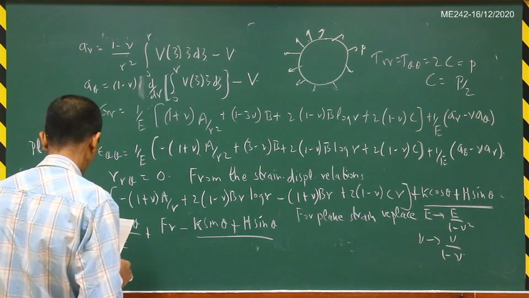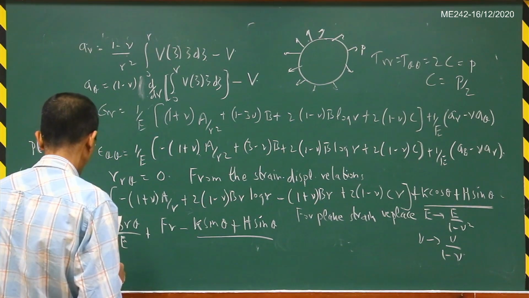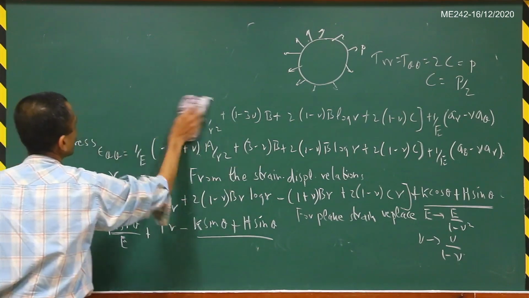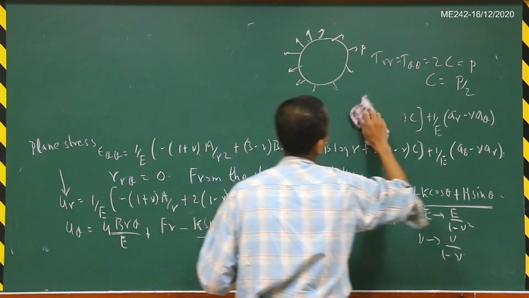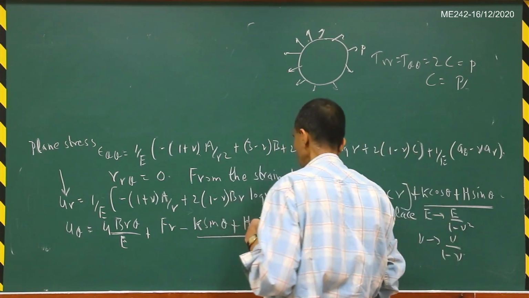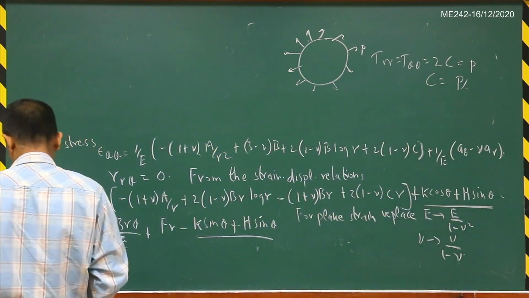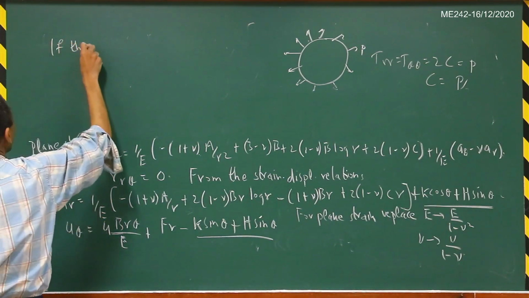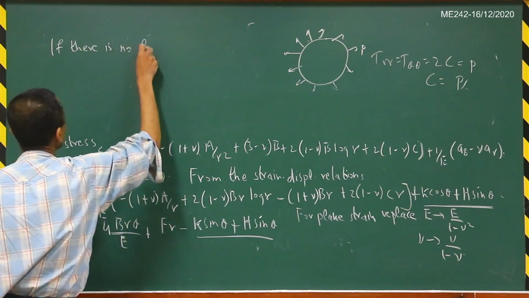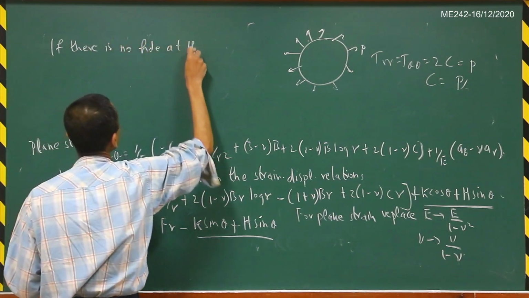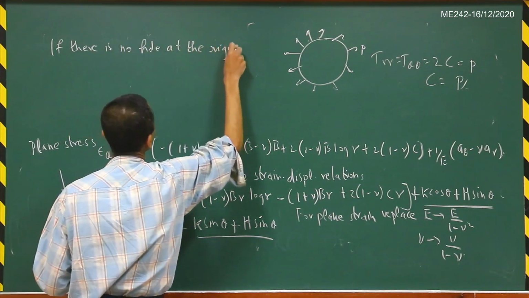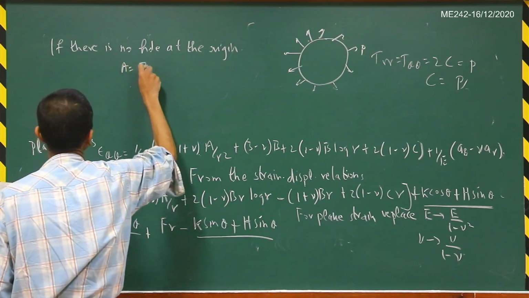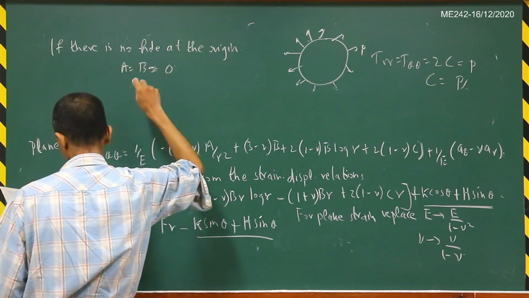So let me just write that. If there is no hole at the origin, then A is equal to B is equal to 0, right?